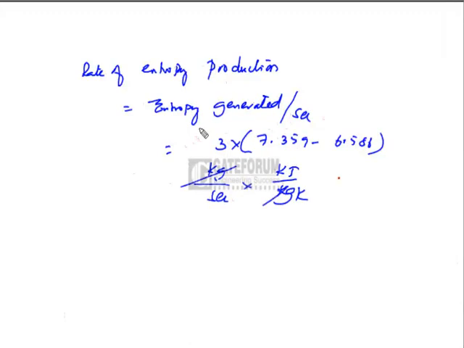Kg gets cancelled. The resultant unit will be kilojoule per second Kelvin. This is the rate of entropy production.